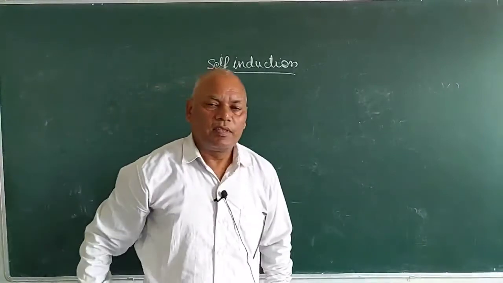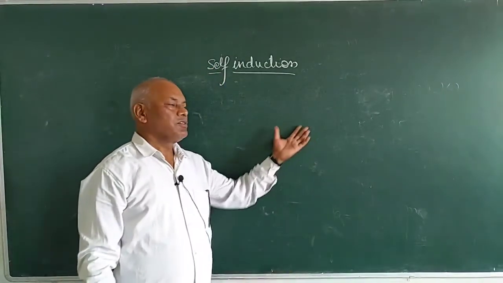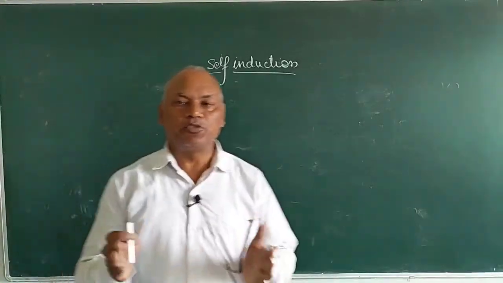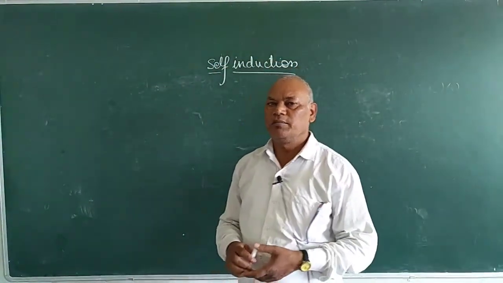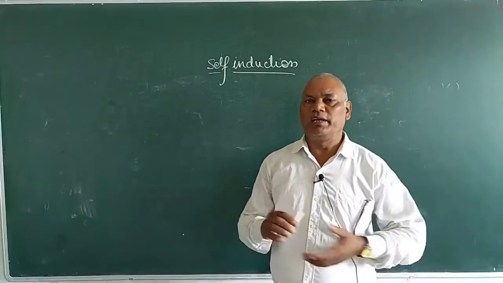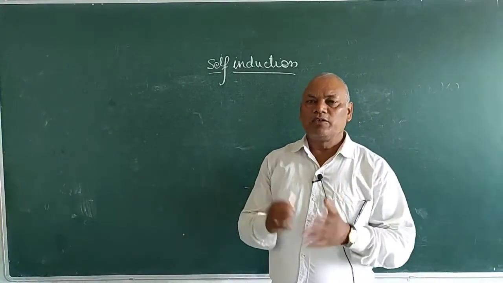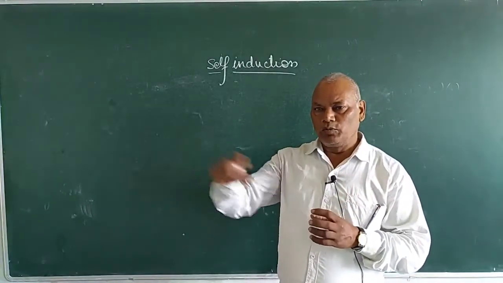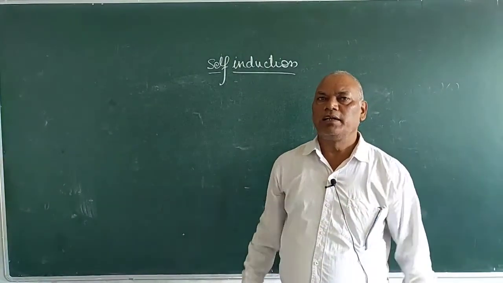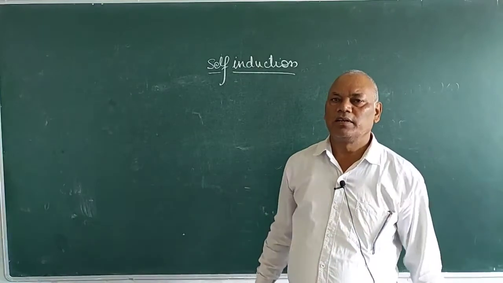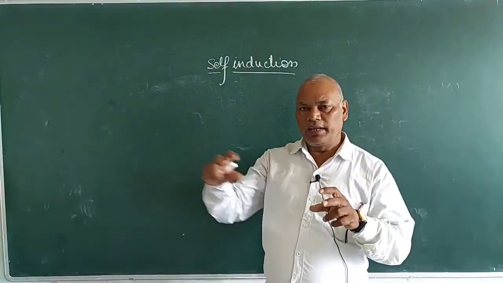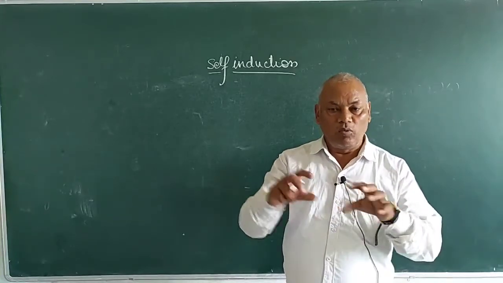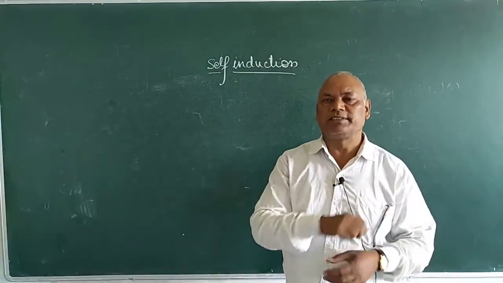Self-induction. As we have already discussed the origin of induced current by changing magnetic flux attached to a coil. According to Faraday's conception, when a magnet moves towards a coil attached to a galvanometer, the magnetic field lines passing through the coil suddenly change.